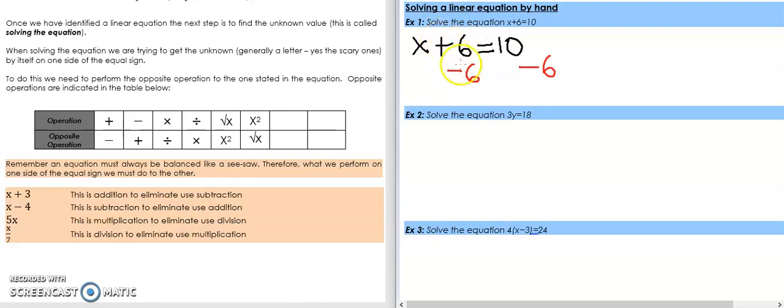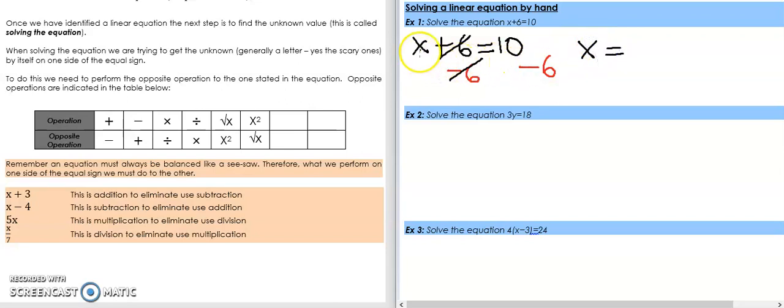So because I've just subtracted a 6 from here, what technically happens is that these two cancel out, because 6 take away 6 is 0, and that's the whole point. We were trying to get rid of this positive 6. What we're left with is just x by itself. But as a consequence, we have to subtract 6 from the other side, and 10 minus 6 is equal to 4.